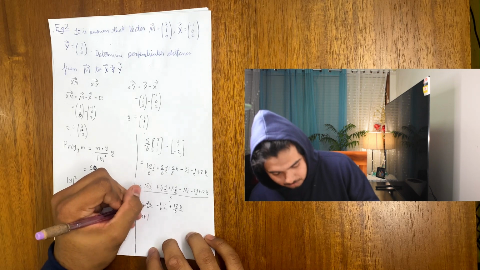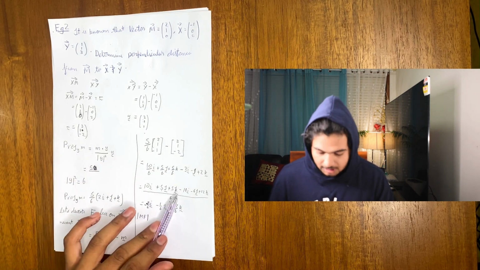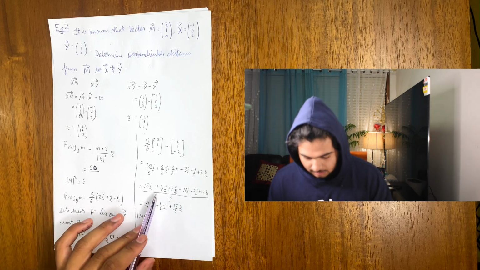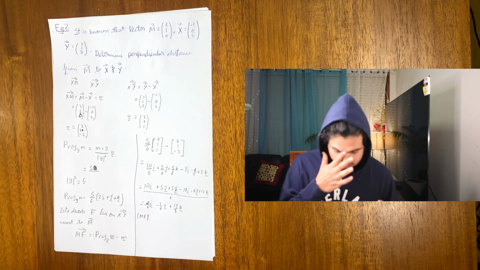Just making a lot of mistakes today, sorry. Yes, 10 minus 18 is negative 8, so negative 8 upon 6, negative 1, and then 17.